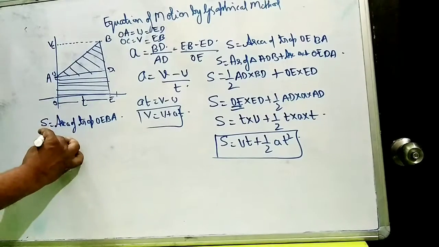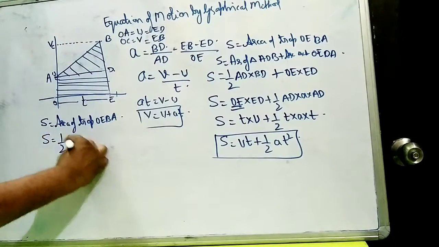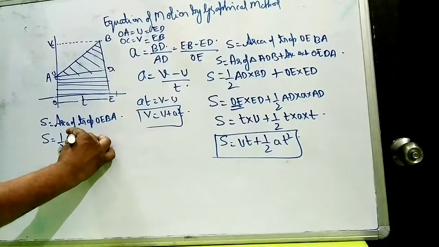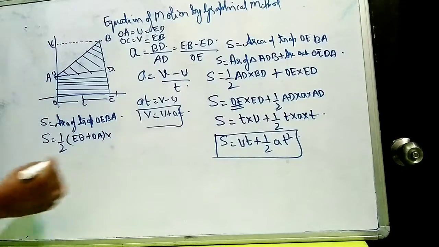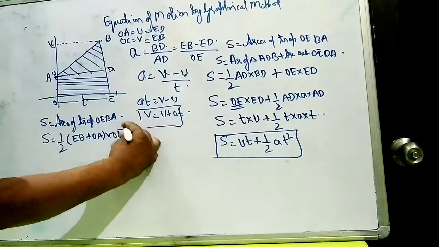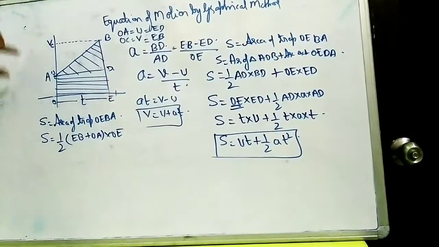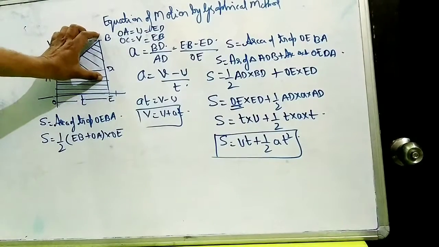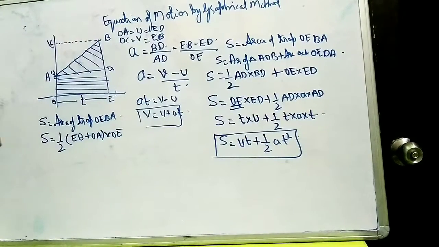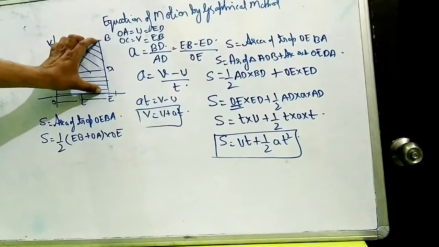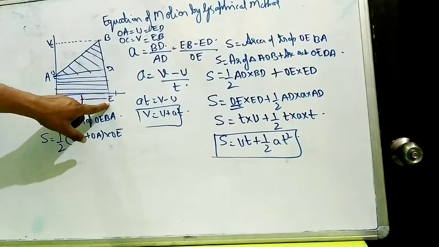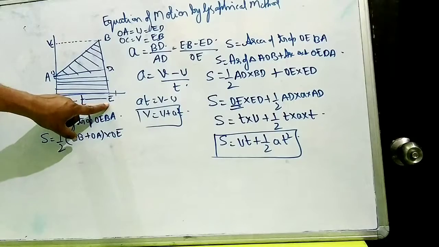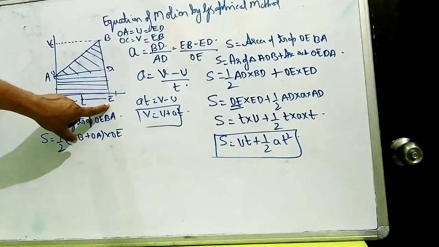S is equal to half sum of parallel sides, means EB plus OA into height. These are the sum of parallel sides, OA plus EB. Is this clear or not? Whole upon displacement is how much? OE. Any doubts in this?